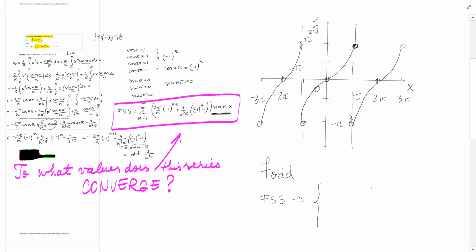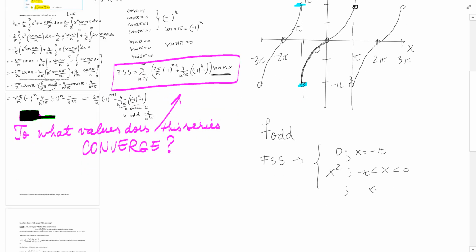Well, let's say at negative pi. At negative pi, we have pi squared and negative pi squared. If we add those up and we divide by 2, we're going to get 0. For x between 0 and negative pi, we have this graph here, which is x squared.